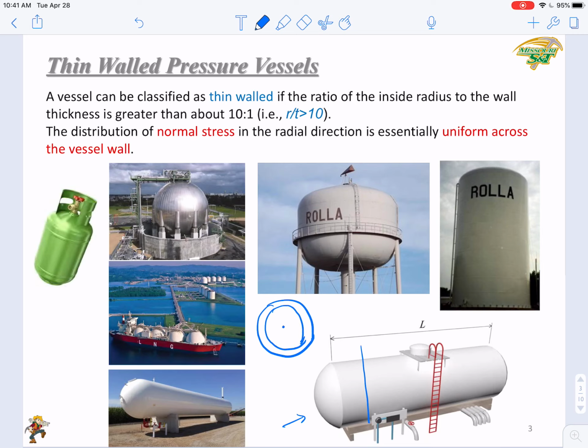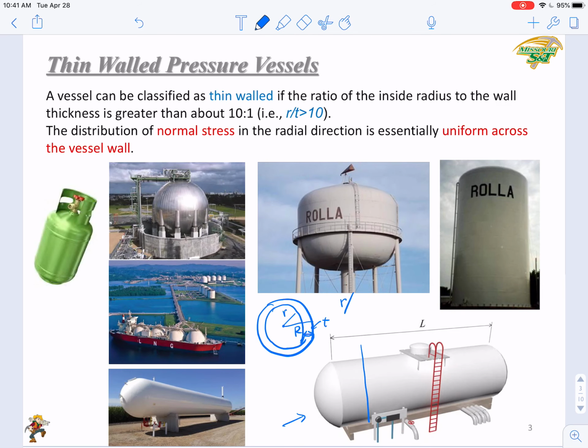So you have inner radius r, outer radius R, and this is the t, the thickness. Our definition says if you have r over t larger than 10, this can be considered as a thin wall.